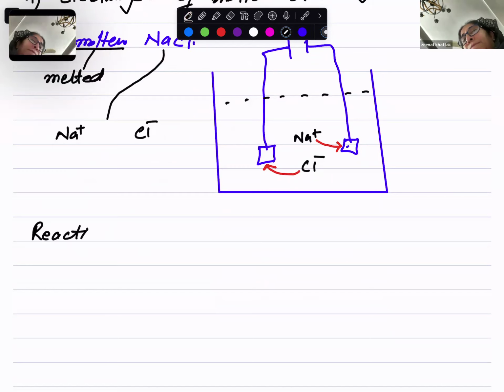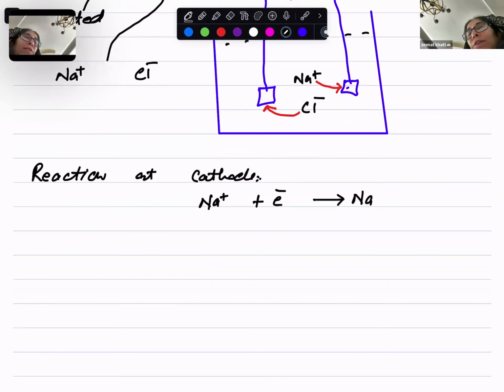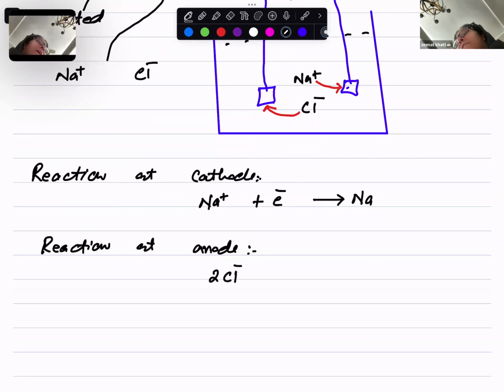Na plus gains electron, making sodium. And reaction at anode: 2 chloride will lose 2 electrons, making Cl2.